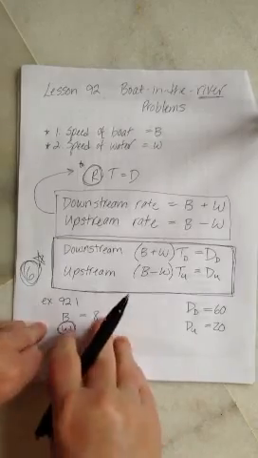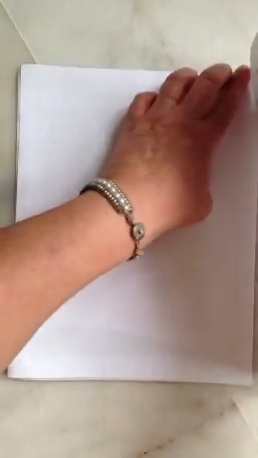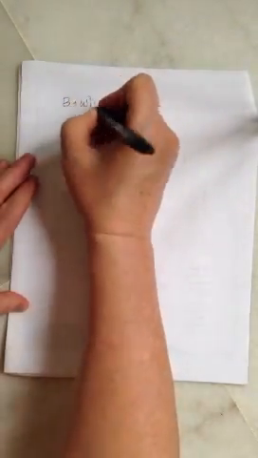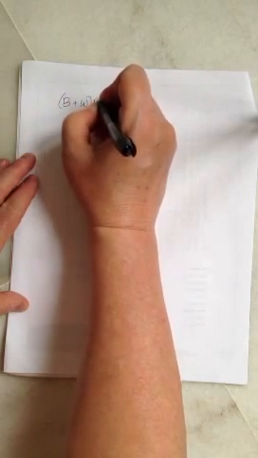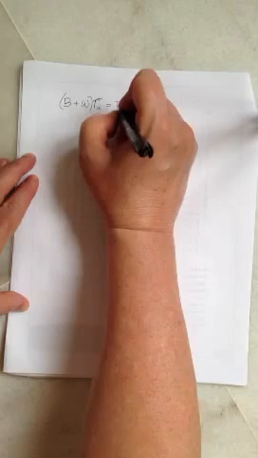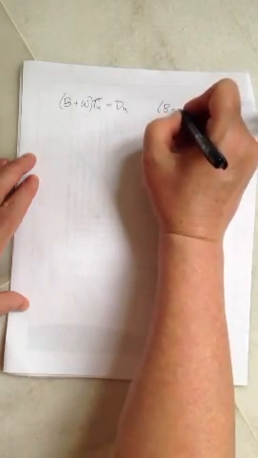So I'm going to get a fresh piece of paper. I'm going to rip this one off so we can refer to it if we need to. We're going to start by stating our downstream and upstream equations. The boat plus the water times the time upstream equals the distance upstream, and then the other one is boat minus water.